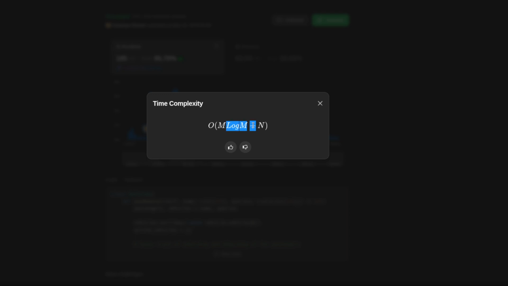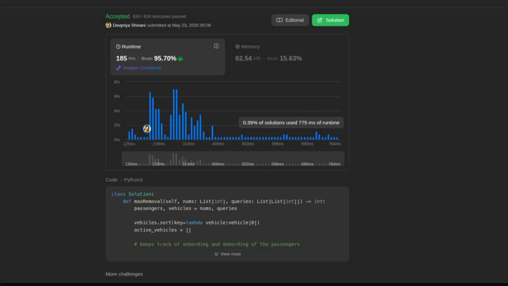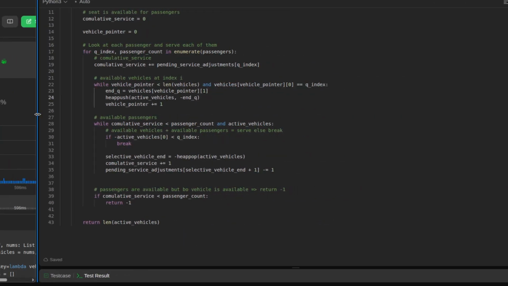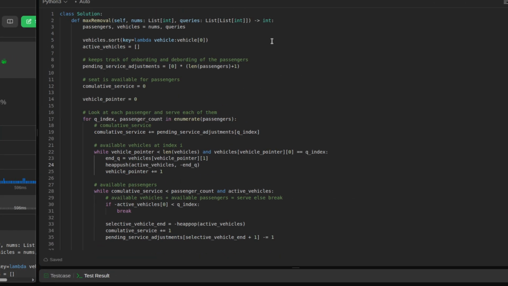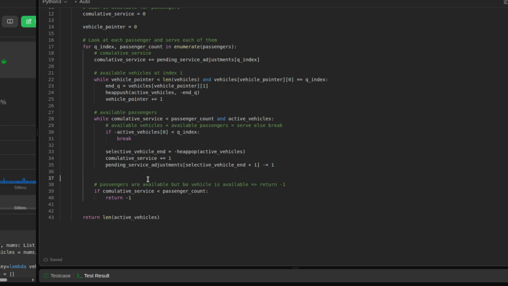So if log m comes from heap, where does this m come from? It will take more time to understand it. If you guys know this, then please comment below. I will need to know about it more.